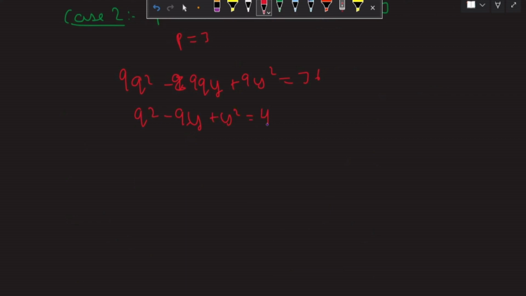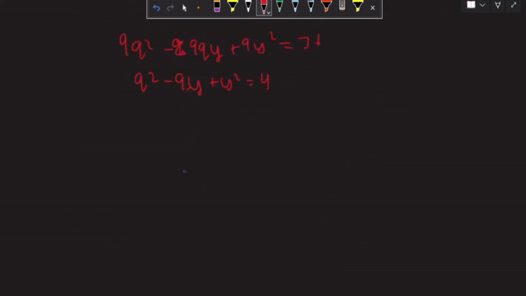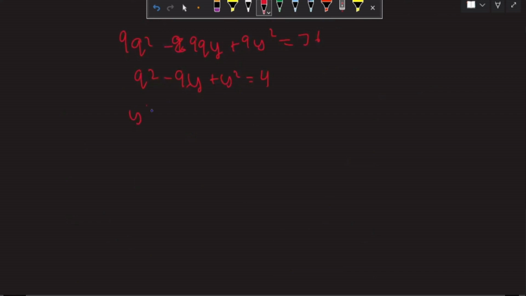And since y is an integer, we can exploit this fact by forming a quadratic in y. So y square minus qy, my handwriting is terribly bad, plus q square minus 4 is equal to 0. And since this is a quadratic in y, its roots must be integers, and for integer roots we have the condition that the discriminant is a perfect square.